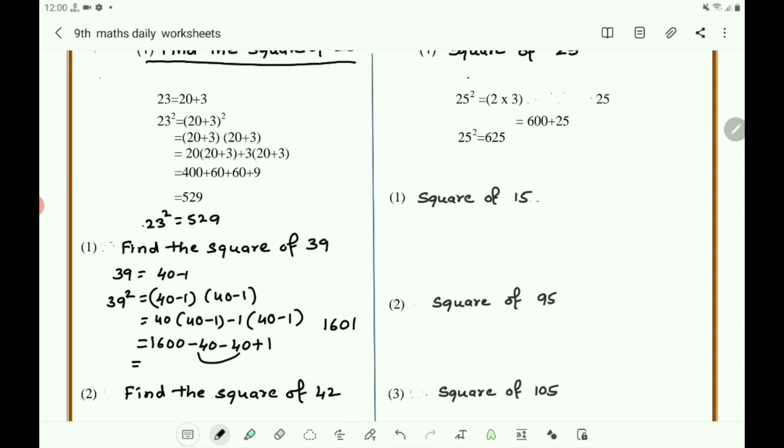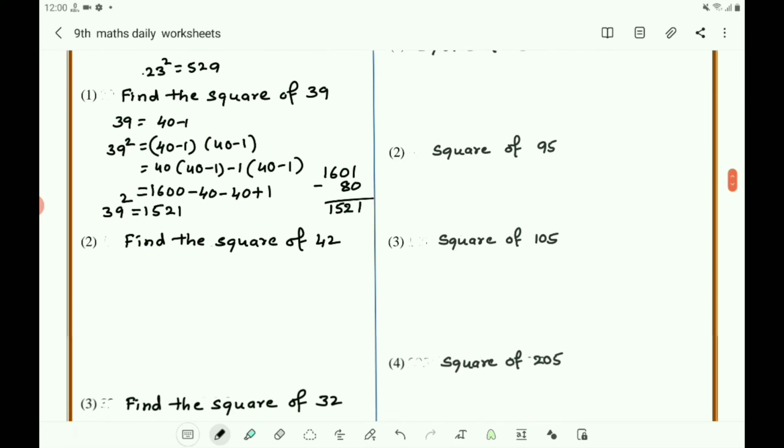Sum of these two, minus 40 minus 40, if you add these two, you will get minus 80. So 1601 minus 80 is 1521. So 39 square equals 1521. In this way, you can get the square of 39 without multiplying it directly.